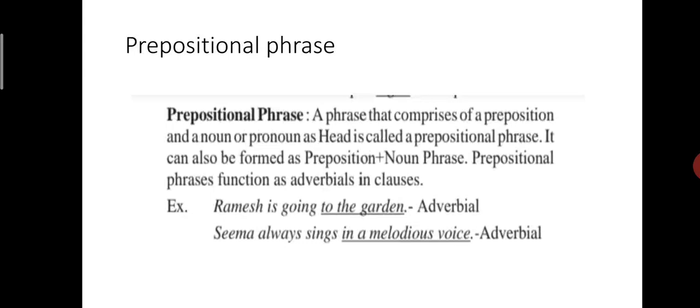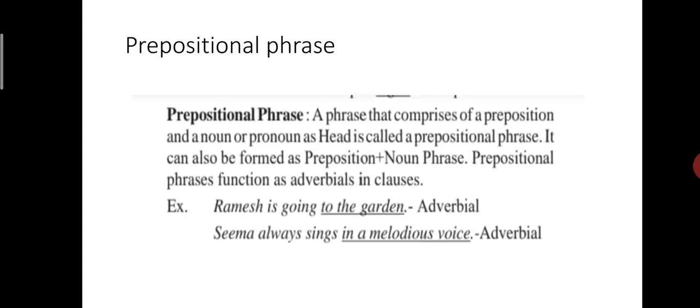For example, Ramesh is going to the garden. It is an adverbial phrase. Why? Because it indicates the place, that is, to. To is a preposition and the garden is a noun phrase: P plus NP. Seema always sings in a melodious voice. Again, adverbial.